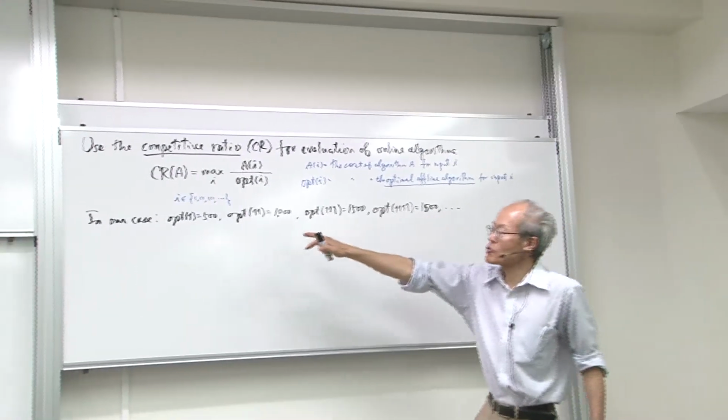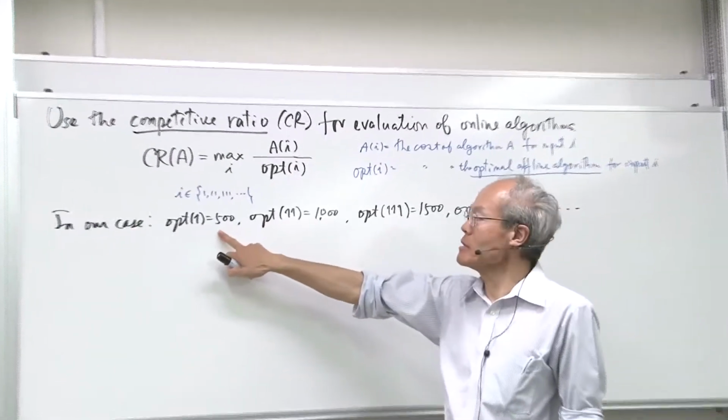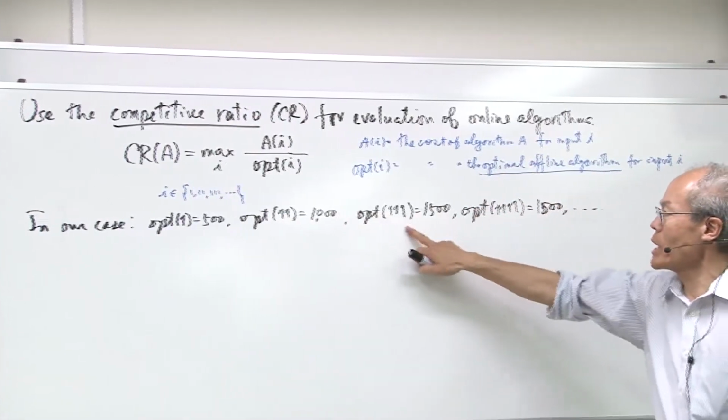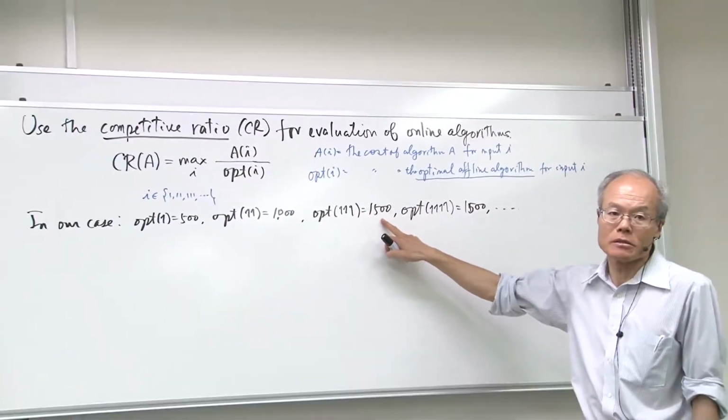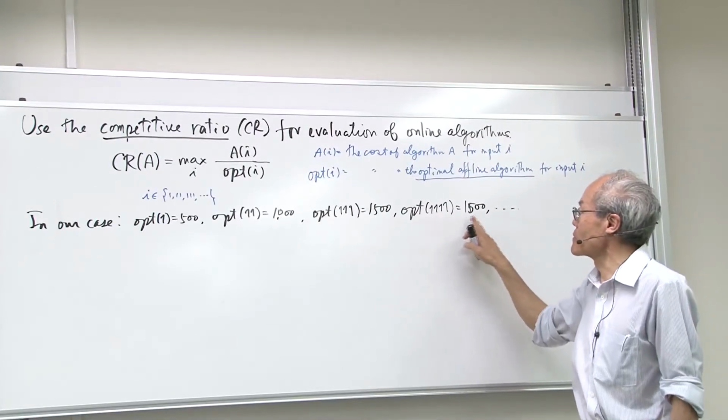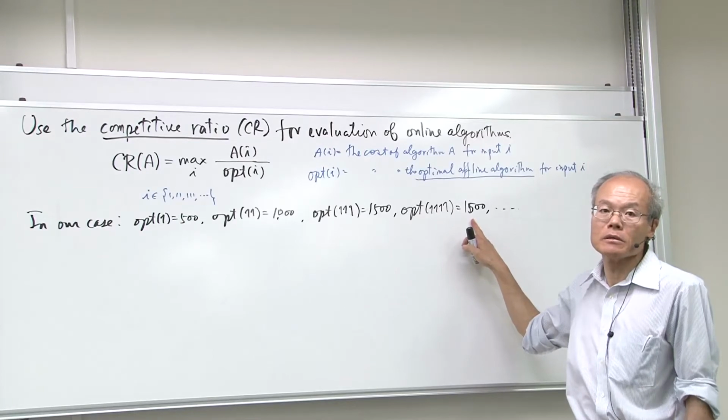Opt 1 is, of course, 500 yen. Opt 11 is 1,000 yen. And opt 111 is 1,500. And opt 1111 is, of course, again 1,500.